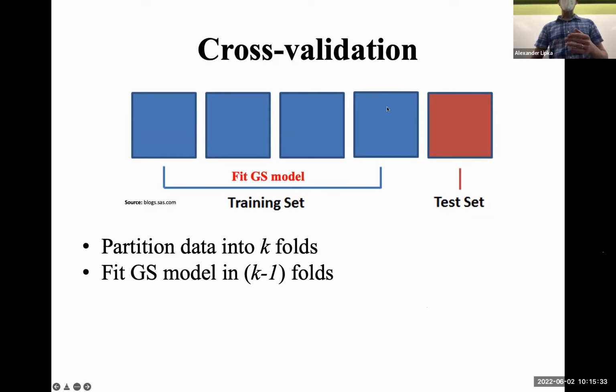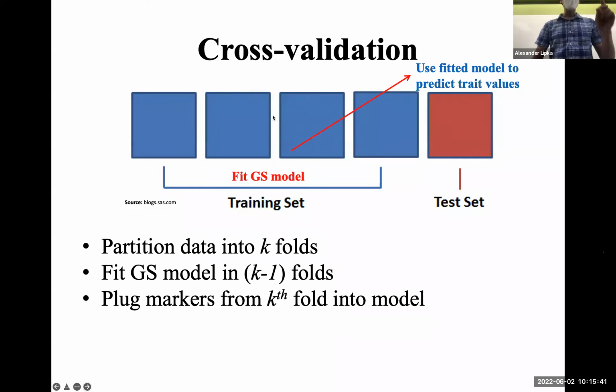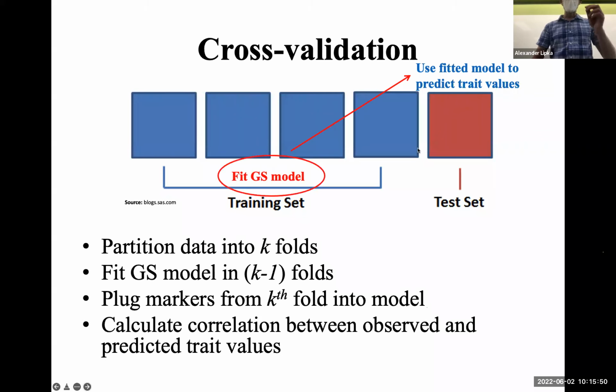We fit our GS model on all observations in the 4 blue squares, and then we see how good of a job this genomic selection model can predict our trait values in our test set. To test how well our fitted model predicts breeding values, we measure the Pearson correlation coefficient between our observed and predicted trait values.